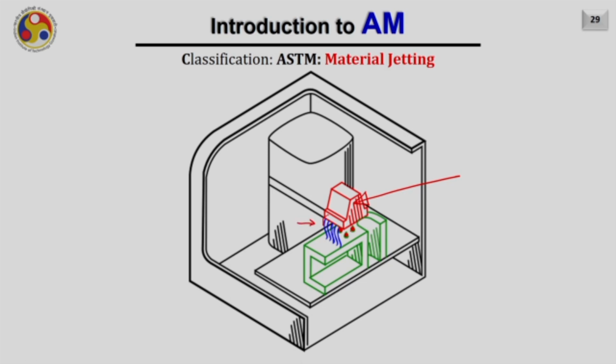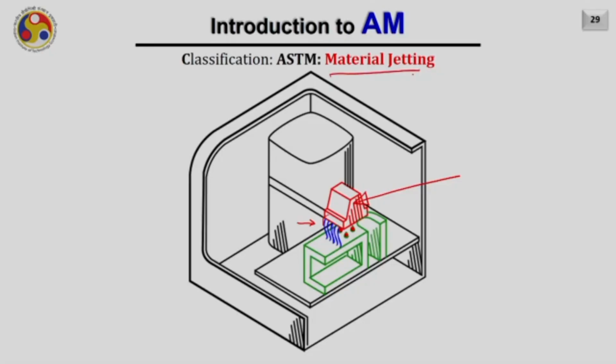As soon as the material is injected on a paper or on a substrate, the UV light scans it and the material gets cured. The process is very similar to your 2D printer. The only thing is you put a Z axis on the bottom side and each time after injecting the material, the table goes down by the required layer thickness. This is material jetting.